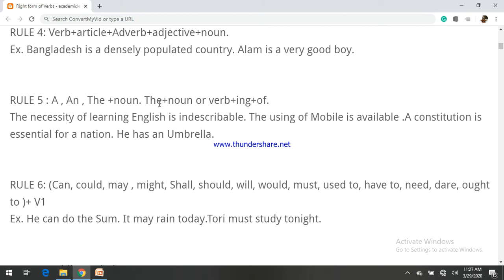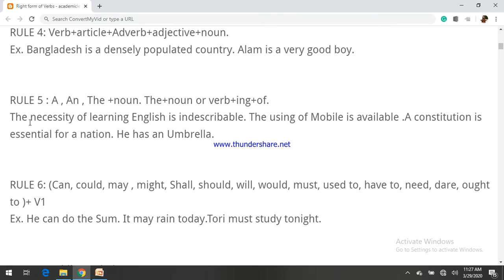That means a and the plus noun. Let's see the example again. A and or the plus noun. That means after a and or the, a noun sits, or after only the article the noun also sits, or verb plus ing plus of. You know that verb plus ing works as a noun.